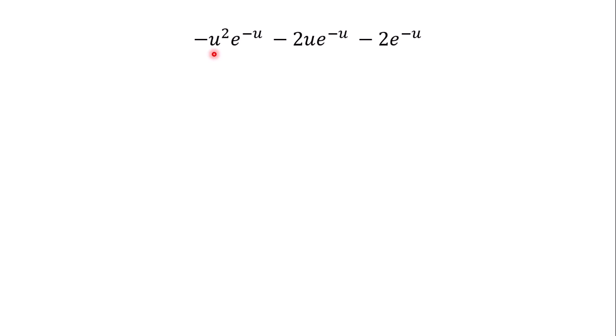From the initial workings, we replace ln x with u. So now that we are going back to the x world, we have to replace u with what? ln x, and e to the power u with x.